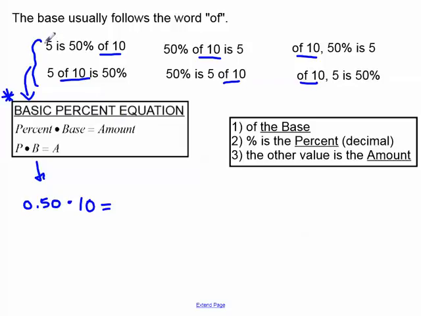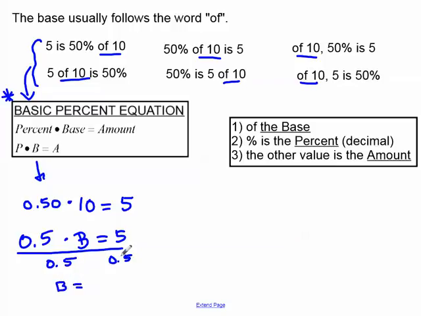So 5 is the only number that's left over, so we put 5 right here. 0.5 times 10 equals 5. That sounds correct. And if we replace this of 10 up here with of what number, we'd say 0.5 of what number, that base, equals 5. And we'd solve by dividing by 0.5. 0.5 base equals 5, divided by 0.5 is 10. Base equals 10. And that's the way we'd solve it.